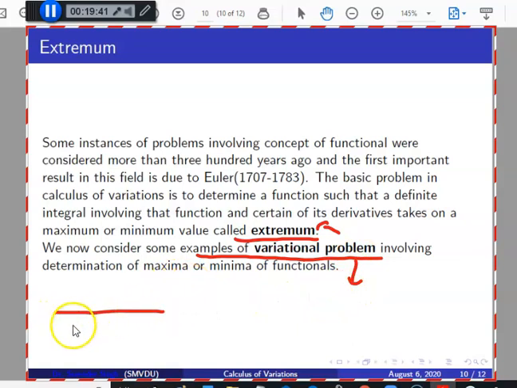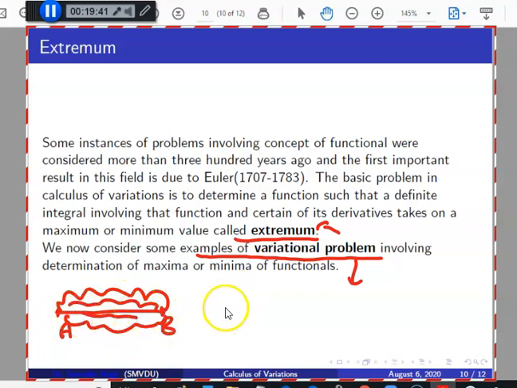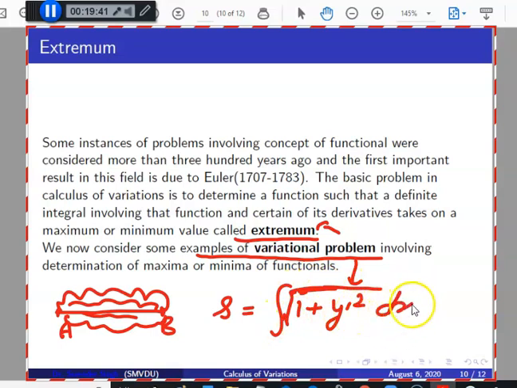As I told you, the problem of determining the minimum distance between 2 points, the curve along which the distance between 2 points is minimum. Here you can formulate it: the arc length of a curve is given by integral of square root of 1 plus y dash square dx, from a to b.